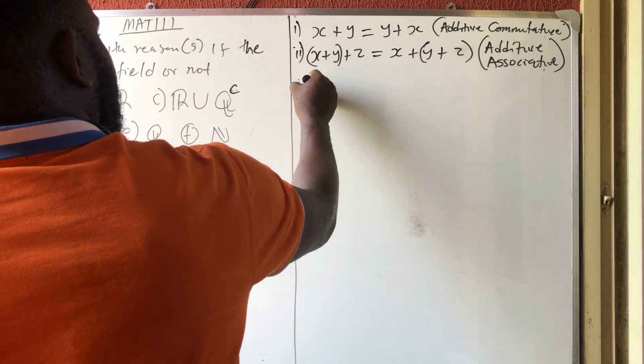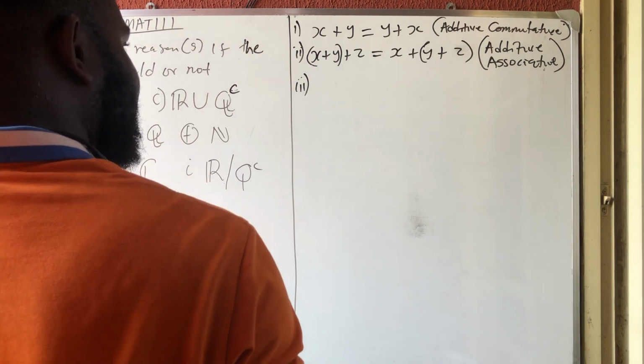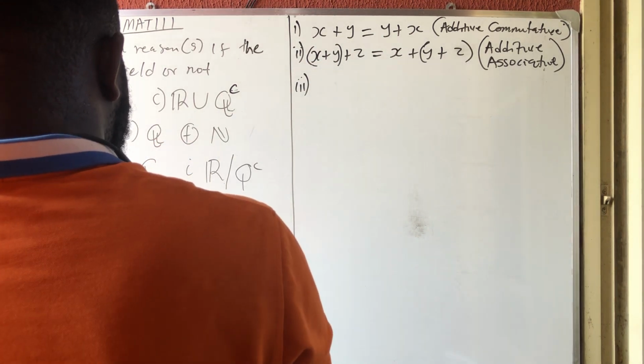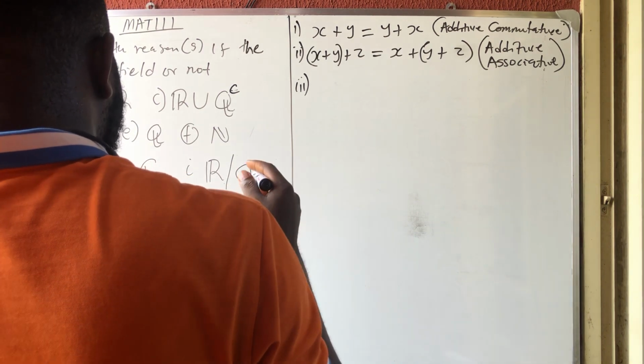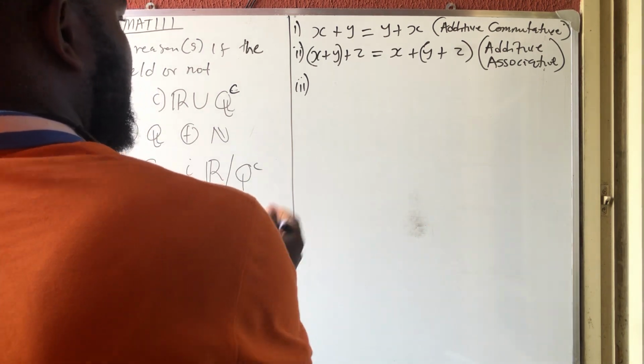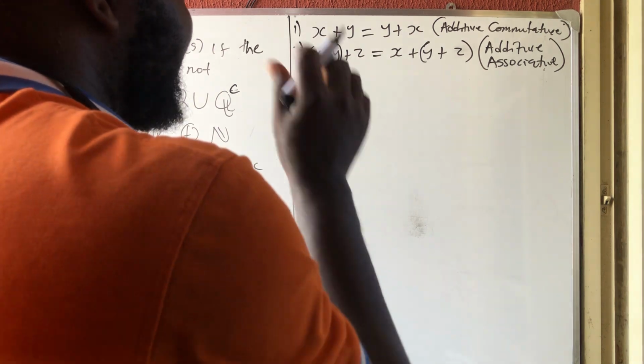So the third one is identity element. What do I mean by identity? Let me call it the additive identity element, which must exist. What do I mean by additive identity element?